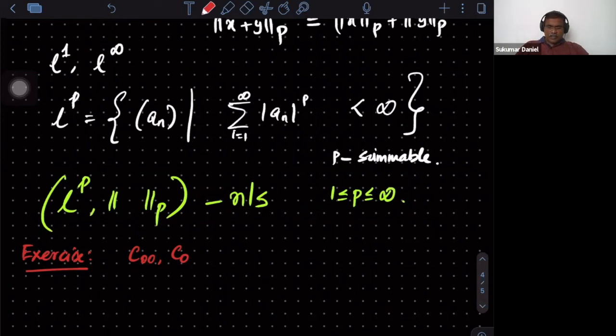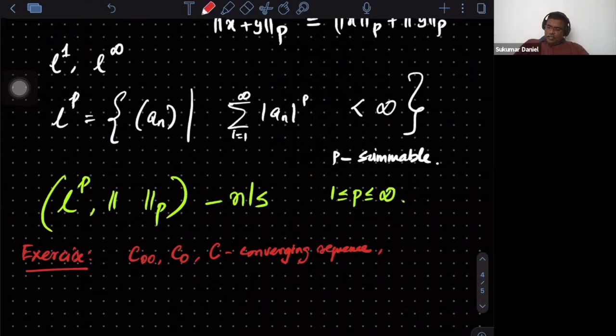Means after stage n, all elements of the sequence are zero. C0 is all those sequences which are converging to zero. I'll also include another space, C, which is the set of all converging sequences. C0 is the sequences converging to 0, whereas C can converge to anything. It can converge to 1 also.